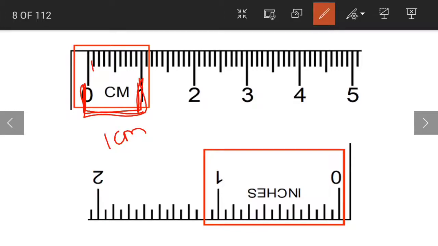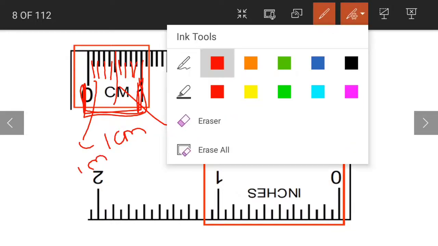Now this 1 centimeter is again divided into many small parts. How many? 1, 2, 3, 4, 5, 6, 7, 8, 9, 10. So each centimeter is further divided into 10 equal parts. Now what are these called? These are called millimeters. Each line is called 1 millimeter.